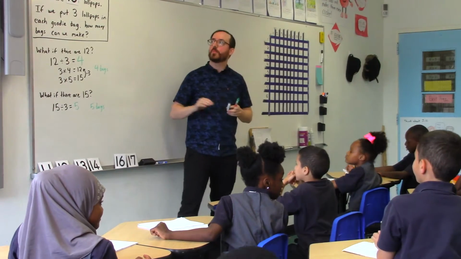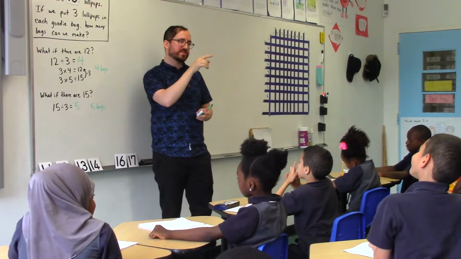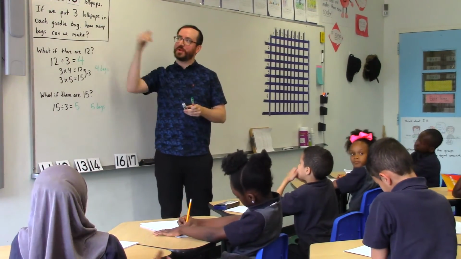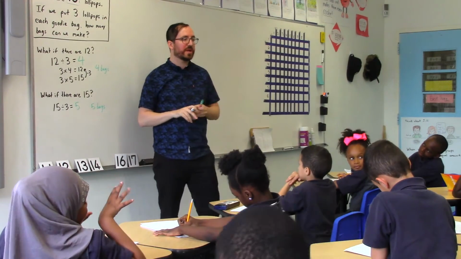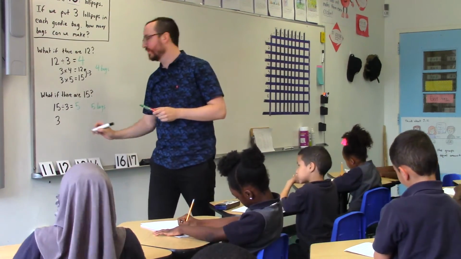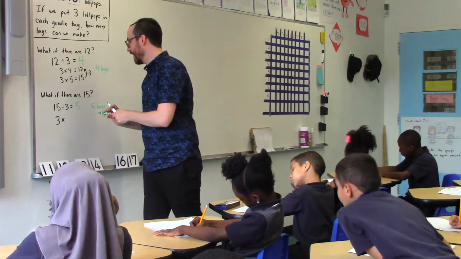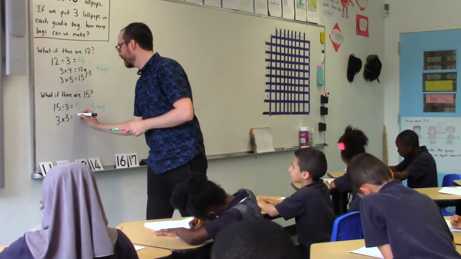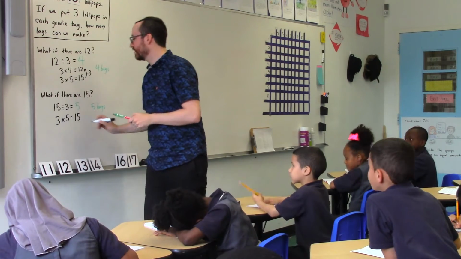Great. And we know the number in each bag is how much? Look, it's up here. 3. So that would be the first number, our multiplicand, right? So you know there's 3 in each times 5 bags would give us that 15 that we know we have.